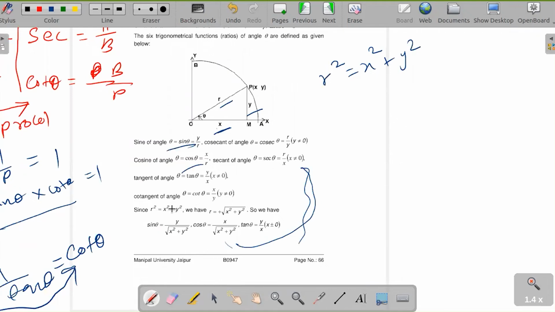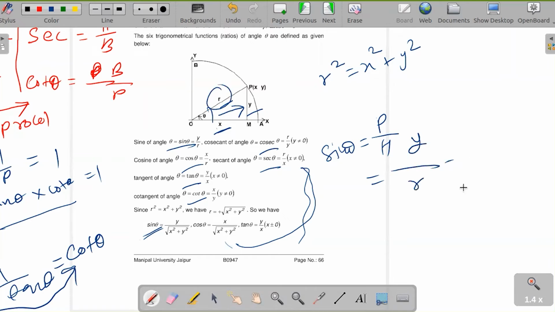But what we can do now, sine for this angle is perpendicular by hypotenuse. Perpendicular for this angle is y, and hypotenuse is r.